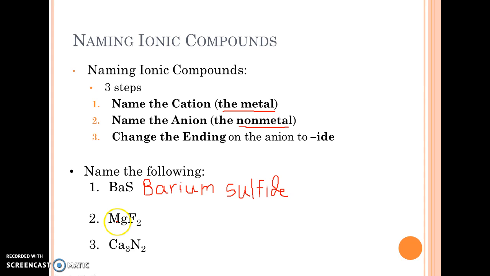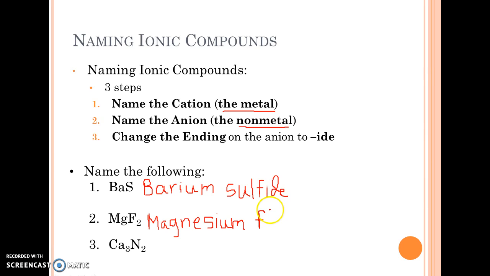Next we have magnesium and fluorine. Together as a bond, it changes to magnesium fluoride. Magnesium fluoride. As you are going through these, there's no excuse to misspell these metals because they're given to you on the periodic table.